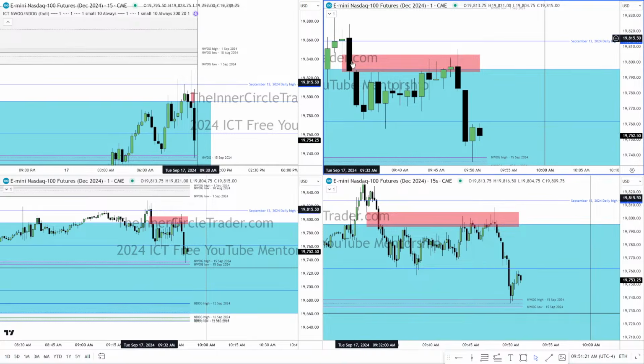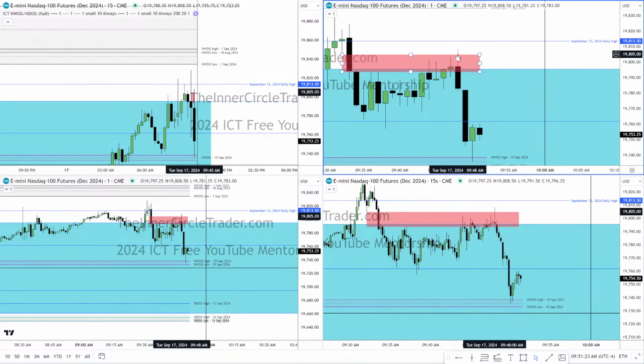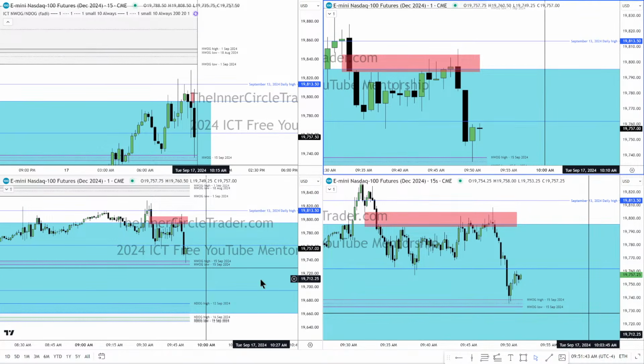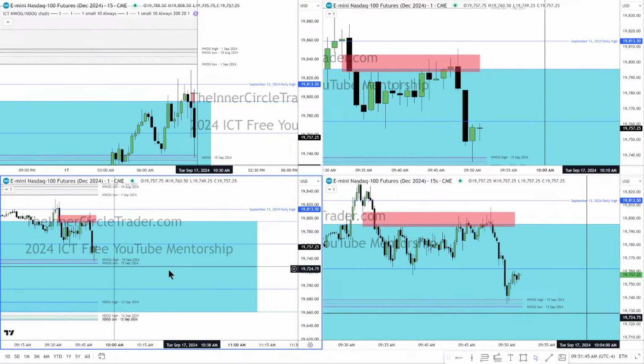Because we traded up into the first presented fair value gap there. I know some of you are probably short right now. This is the mid-gap level down here.